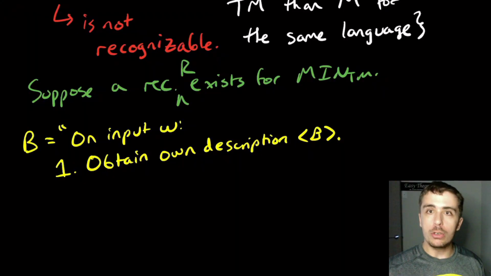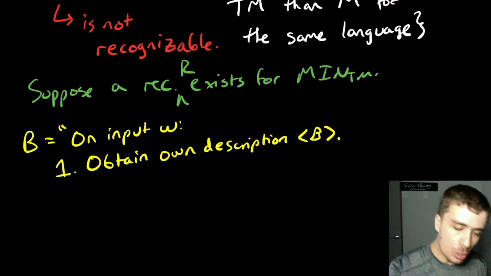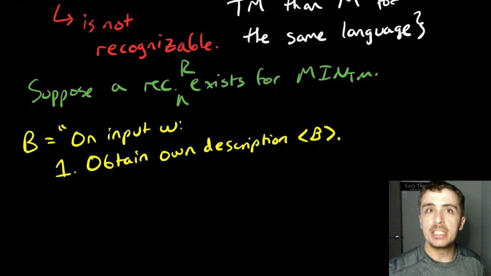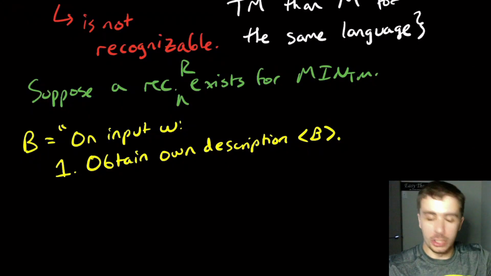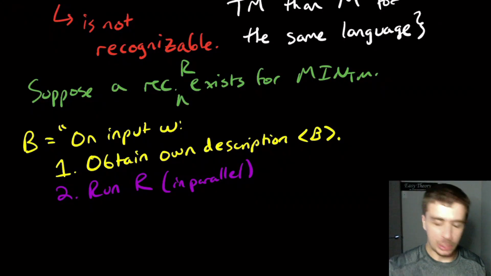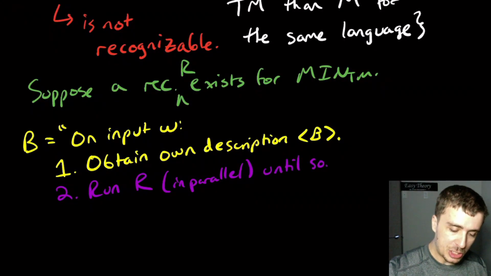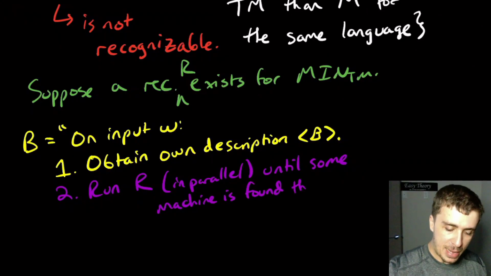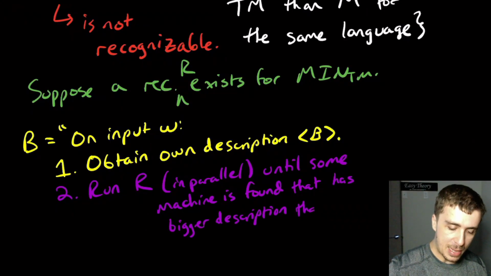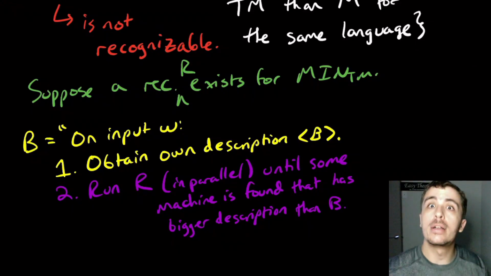So what we're going to do is run this recognizer until we get a machine that is larger than this. So this is of finite size, and we can always find a machine that is of larger size. So I'm going to run this recognizer in parallel, because the recognizer might not necessarily halt, until some machine is found that has bigger description than B. And there clearly is one, obviously.